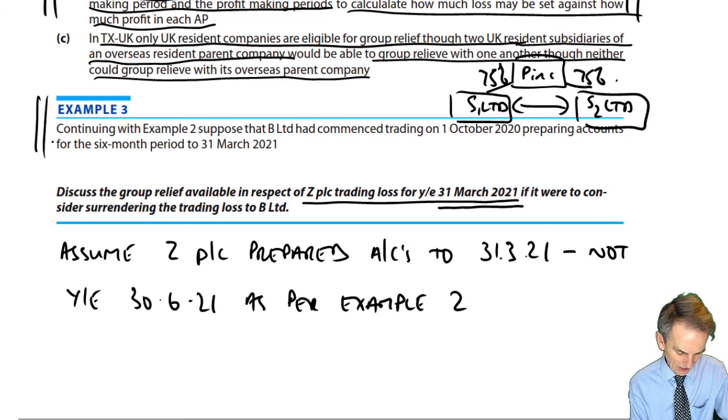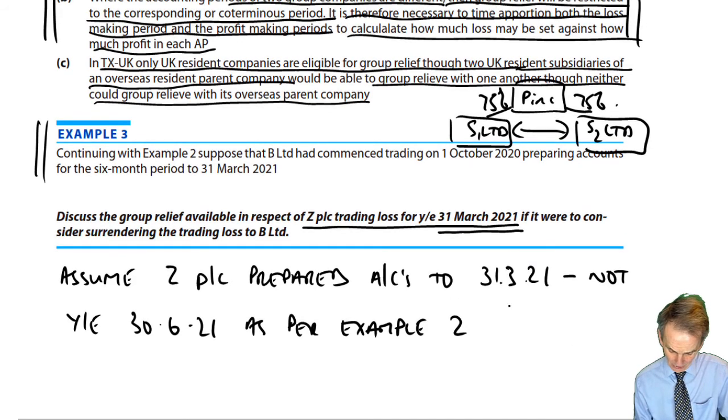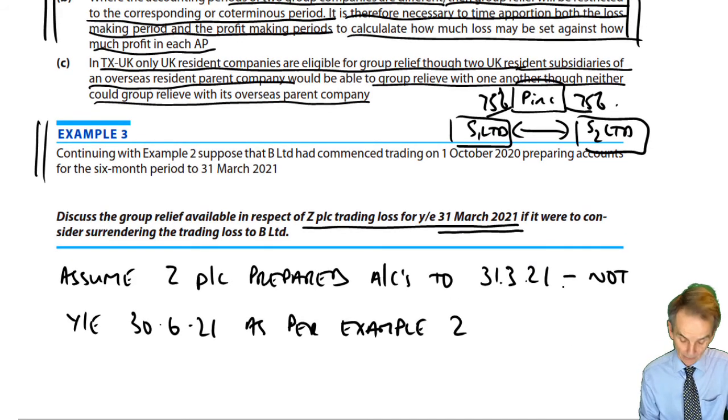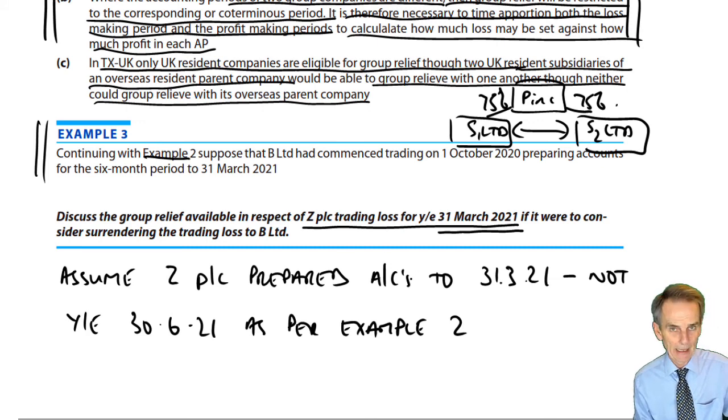There is then this example 3. Now, the only thing that I've had to do is just put a little note to you here. For some reason, I've got a different accounting period end date, so apologies for that. Back in example 2, we got introduced there to Z plc and its very strange group structure. That it went Z, sub-subsidiary, and then a further sub-subsidiary there.